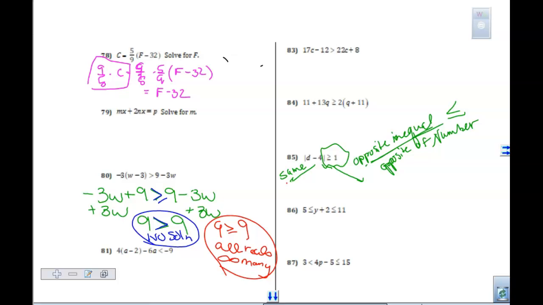We do that division, 1.8. Could I write it this way? 1.8c equals f minus 32. That's a lot easier for me, right? So I have 1.8c instead of 9/5 times c equals f minus 32. And I'm trying to find what f is equal to. So if I'm doing that, Jack, what would be my next step to solve?